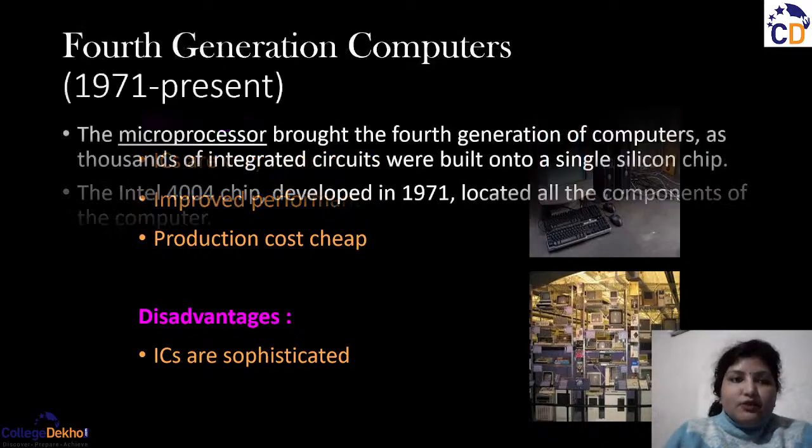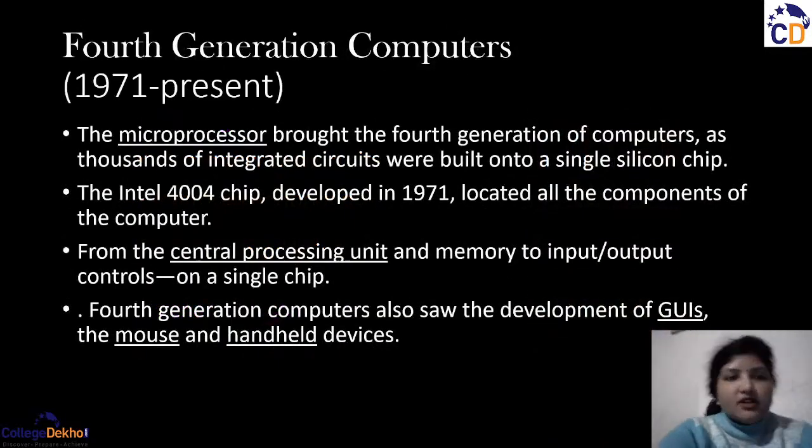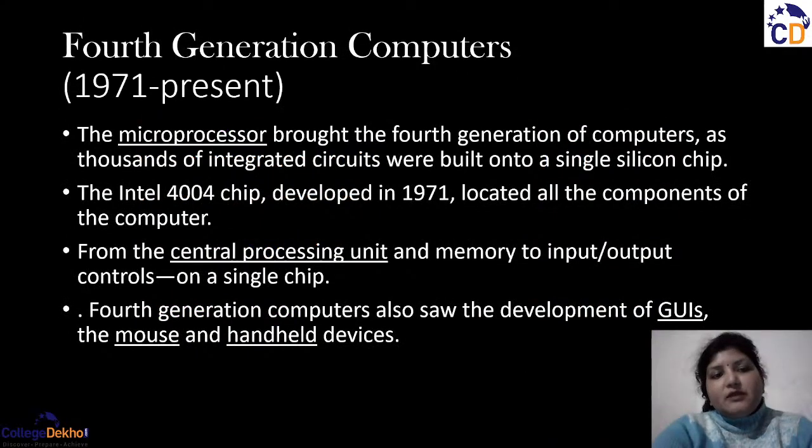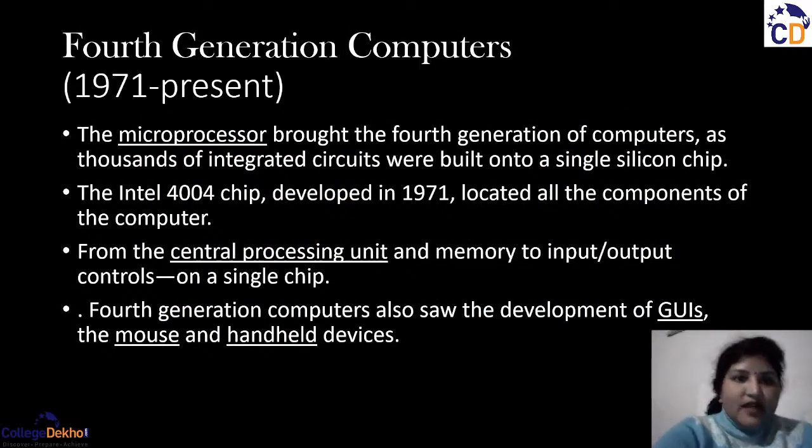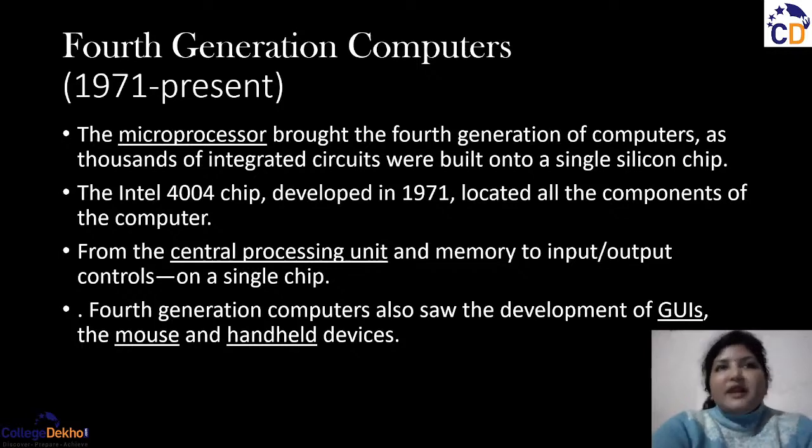Now let us see the fourth generation. Fourth generation computers were basically from the 1970s to the present. We are now using microprocessors, right? Thousands of integrated circuits were built onto a single silicon chip, bringing the fourth generation of computers.